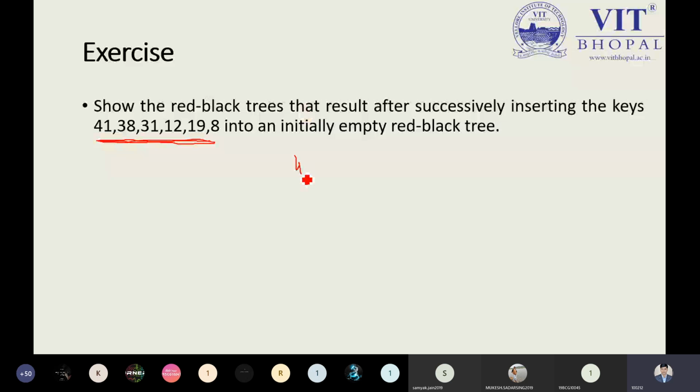On the notebook you can't make the node red or black because you don't have a red or black pen, so it is better to put a B for black. This is the root node and it is black, for understanding purposes. Try to solve this question and explain it to me.